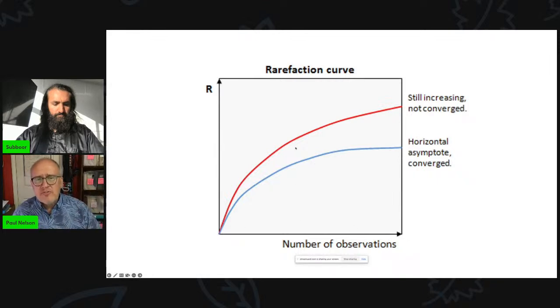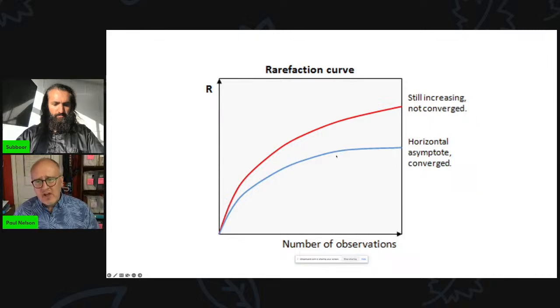And when you see a red line like this, what it tells you is that you have not yet saturated the space in terms of your sample. Because every time you have a new observation here along the horizontal axis, your type of data bumps up. In other words, this curve is continuing to increase. It's not flattening.